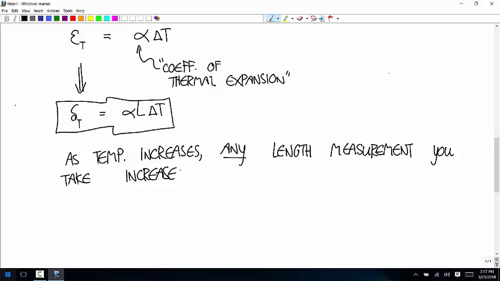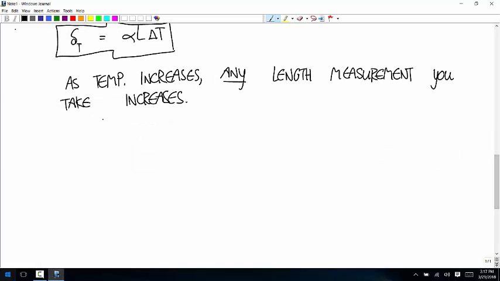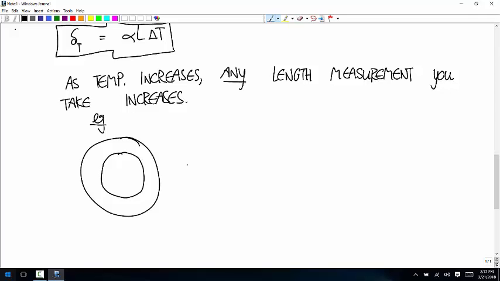Okay, so for example, say that you have a cutout disc or something, and you increase the temperature. You can start to get yourself mixed up with this, like, oh, now if the temperature increases, there's more material here, and so maybe the outer edge goes out, but the inner edge pushes in or something.